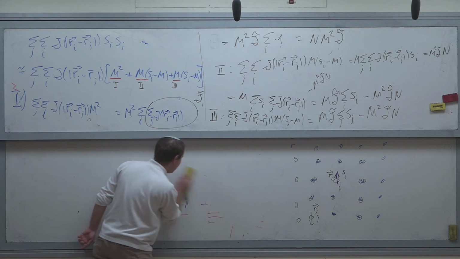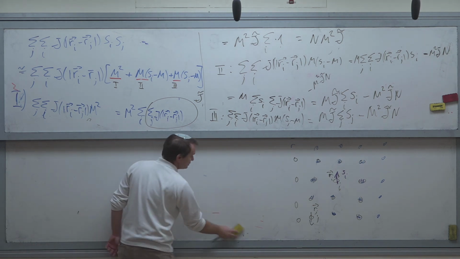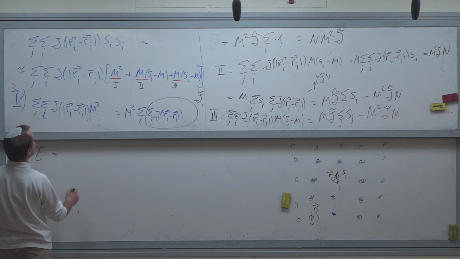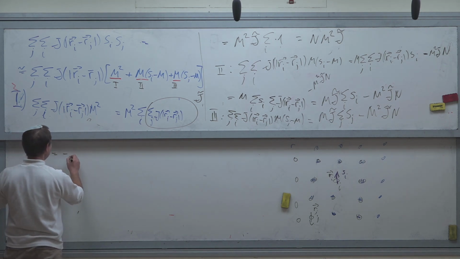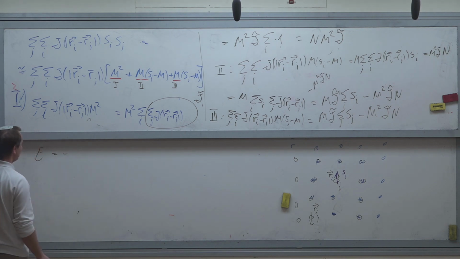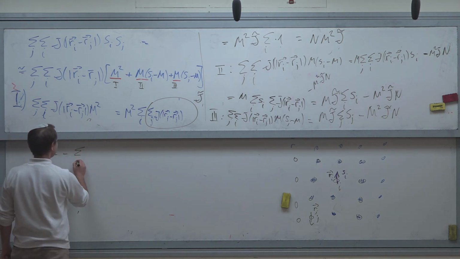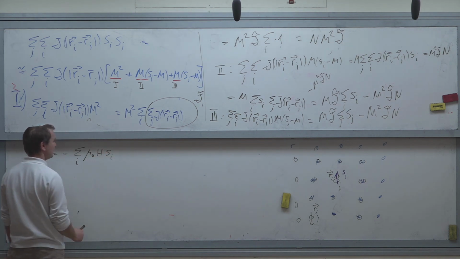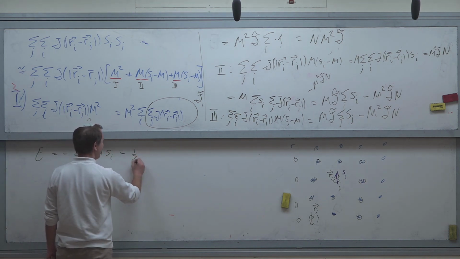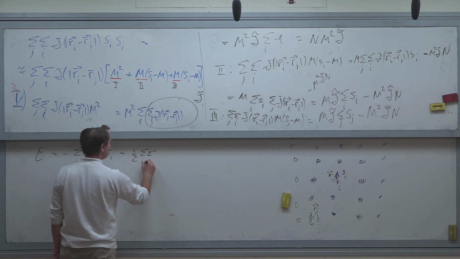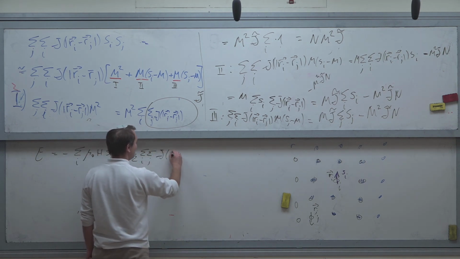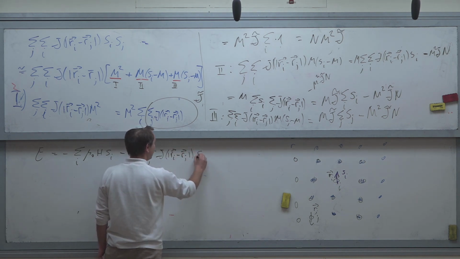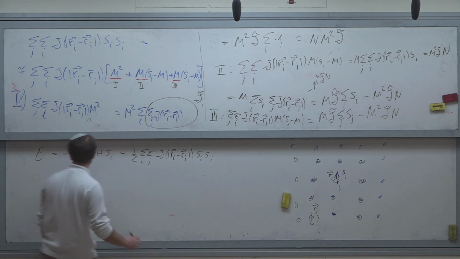Let us write down this mean field approximation. So E, again, was equal to minus a sum over i of mu 0 H S_i, minus 1/2 sum over i, sum over j of J(R_i minus R_j) S_i S_j.